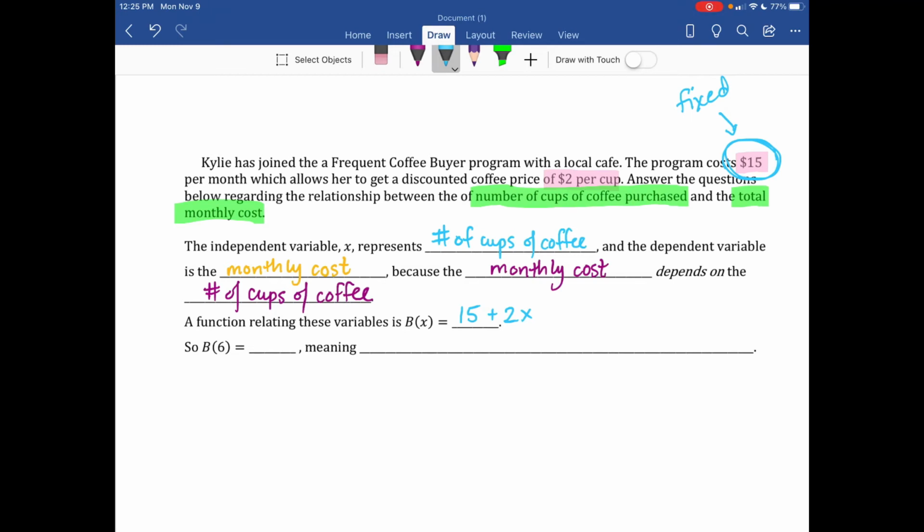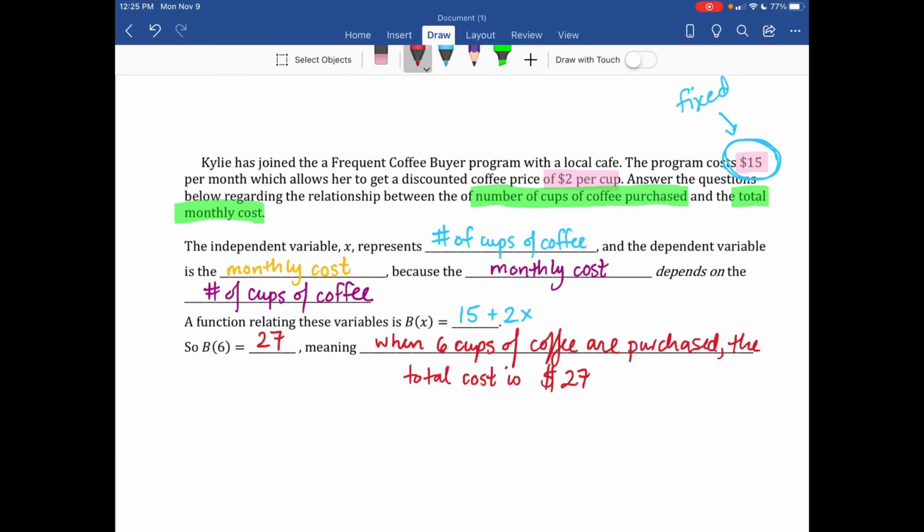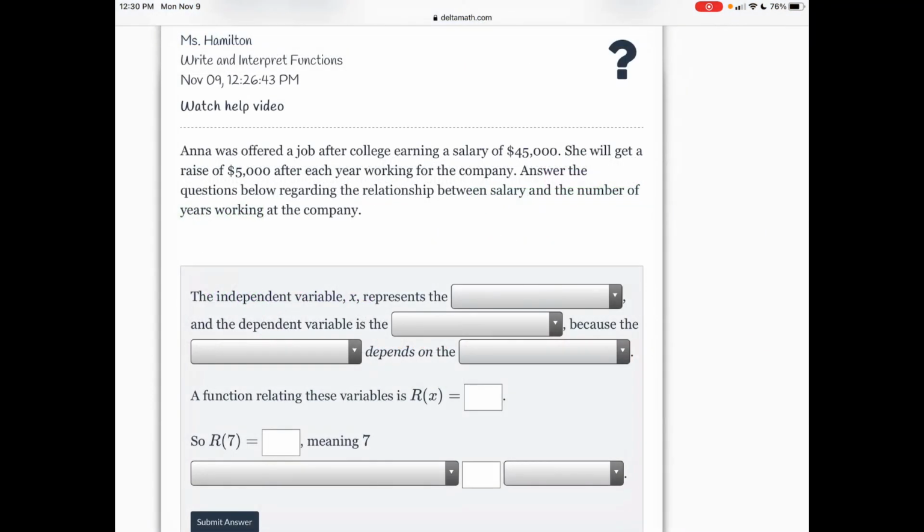To evaluate b of 6, we would plug 6 in and get 27. That interpretation tells us that when 6 cups of coffee have been purchased, the total cost that we pay is $27.